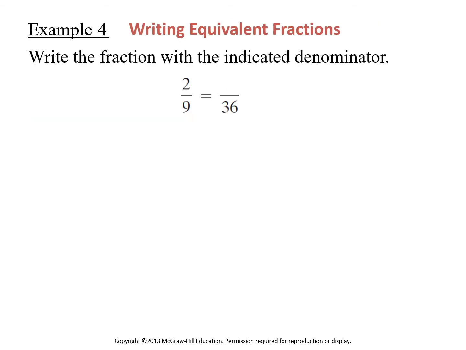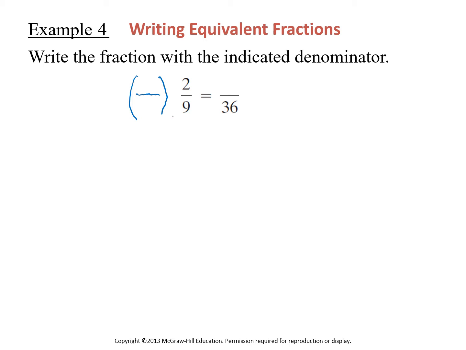The next skill here is to write equivalent fractions. So what we can do with a fraction without changing its value is multiply by 1. So if I take the fraction 2/9 and I multiply by 1, I'll have a fraction equivalent to 2/9.